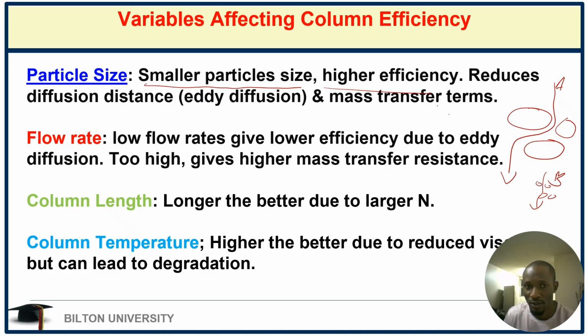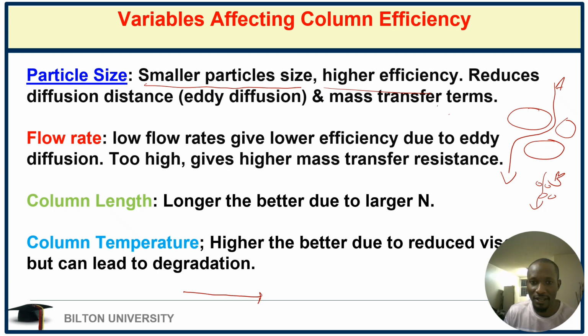Flow rate, we have talked about that. Low flow rates give a low efficiency. If you have a low flow rate, let's say this is the flow rate moving like this slowly, okay? It means that you are giving particles in that mobile phase time to spread out, okay?